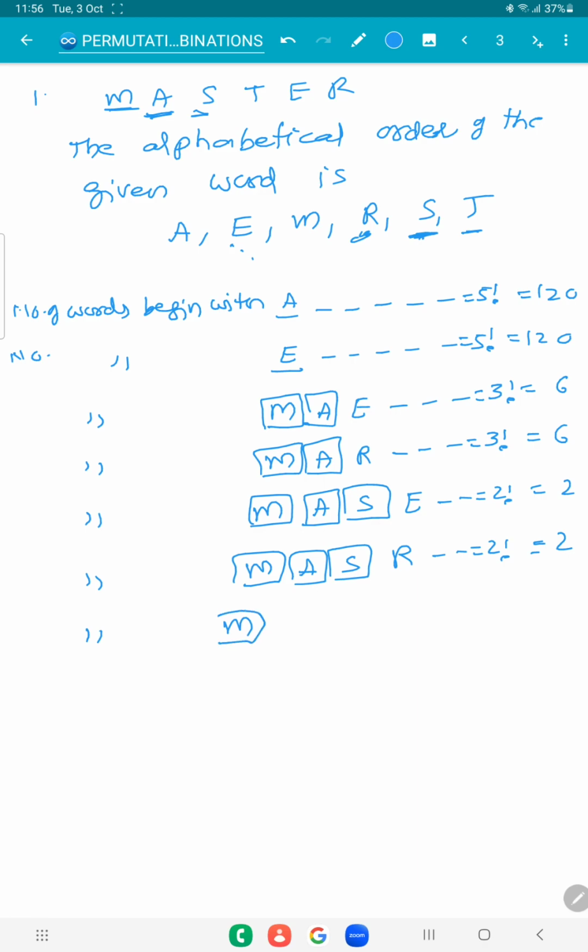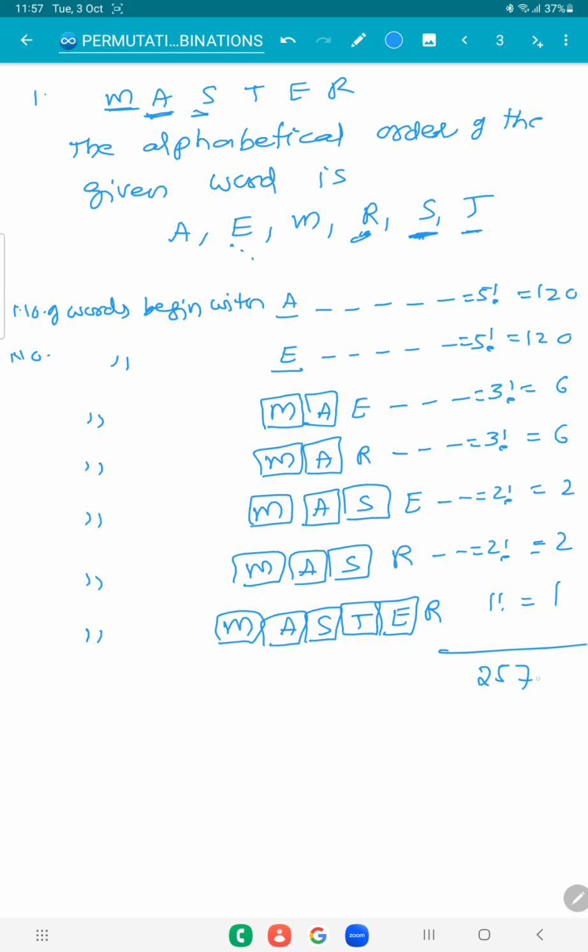So M, A, S is also locked. After R, then we have T, right? T is locked. Come forward, E is also locked, E is also required. So that is 1 factorial, that is 1. That is all these three things. That is equal to 120, 120, 240, 240, 240, 250 to 257.